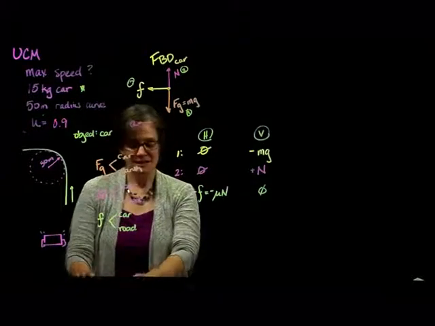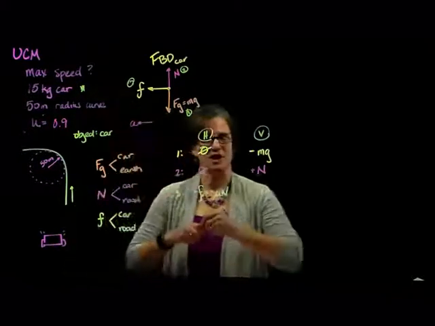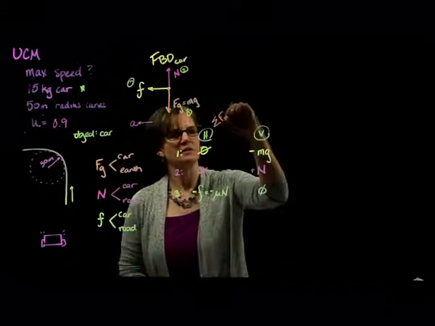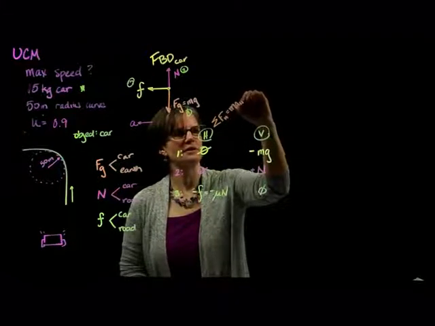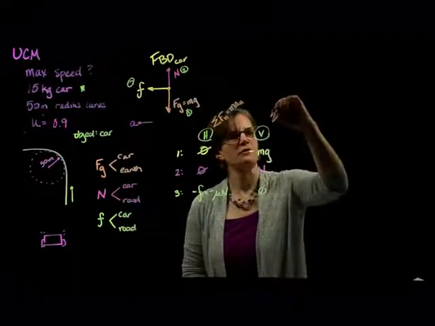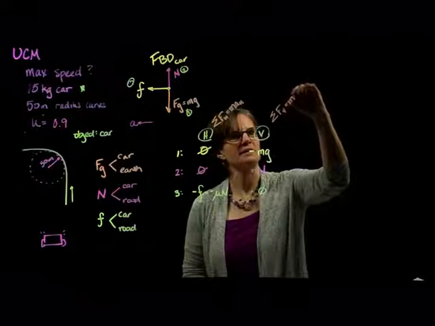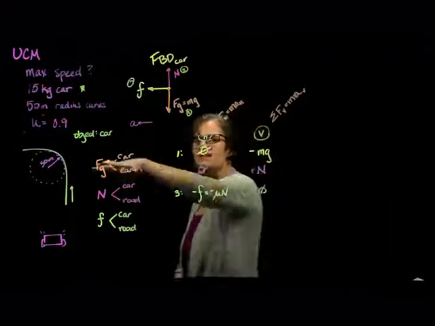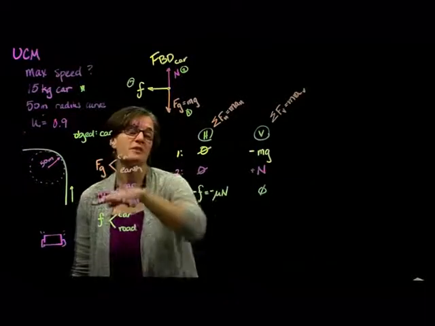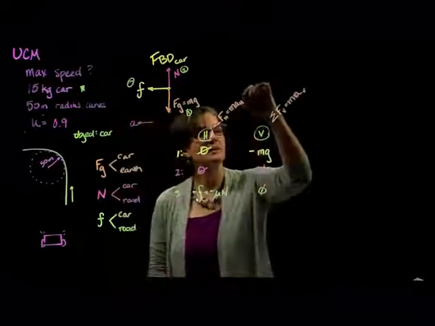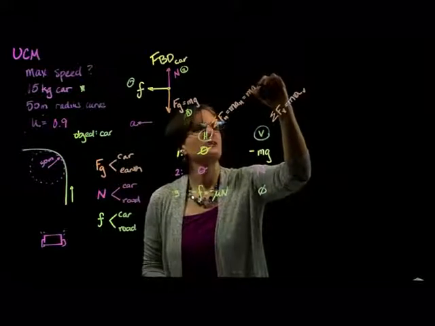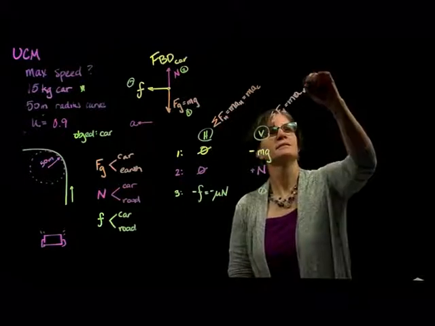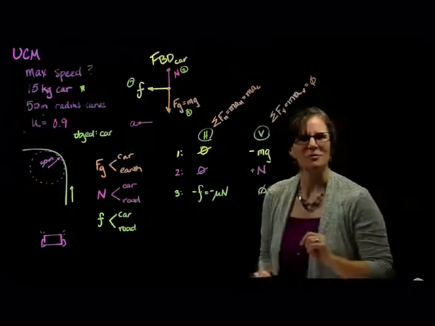All right, so what's the next step? Well, now we apply Newton's second law. Remember, Newton's second law tells us that the sum of the forces horizontal equals the mass times the horizontal acceleration. And the sum of the forces vertically equals the mass times the vertical acceleration. Well, the object's moving in a circle horizontally, so our horizontal acceleration is our centripetal acceleration. And in the vertical direction, we're not changing our motion.